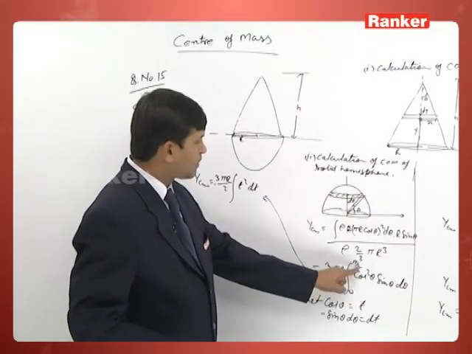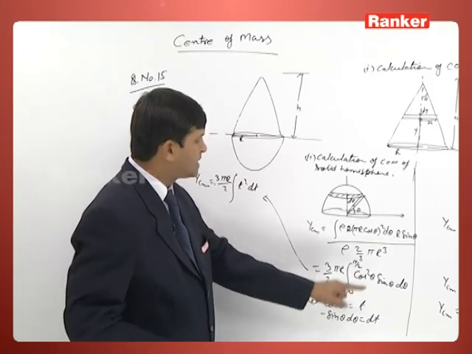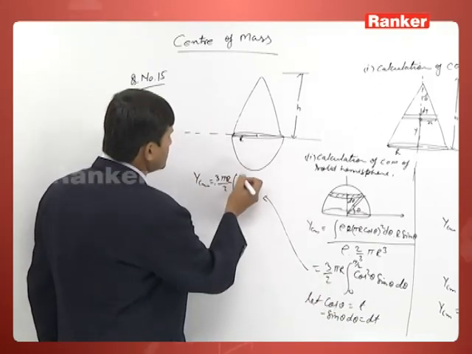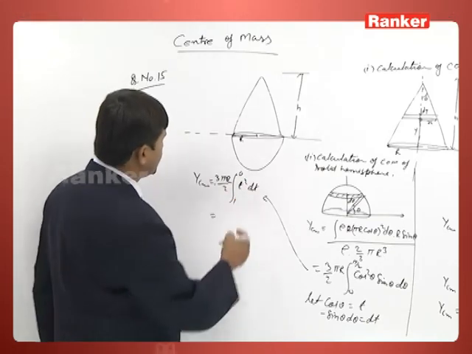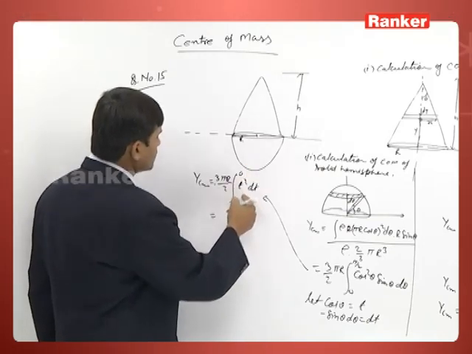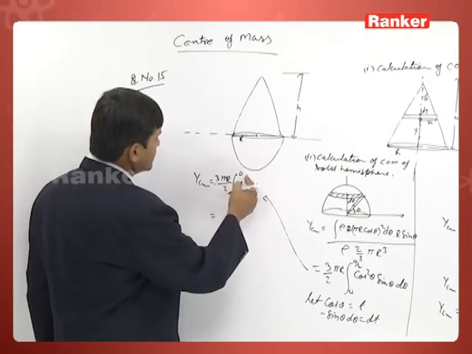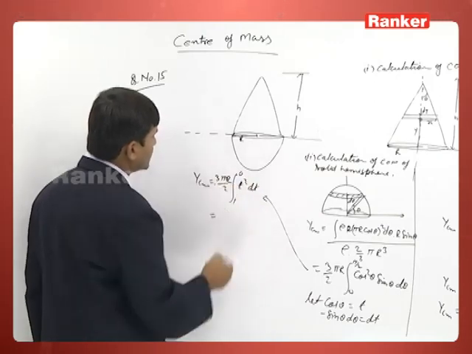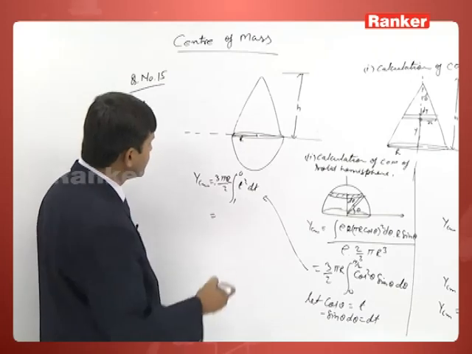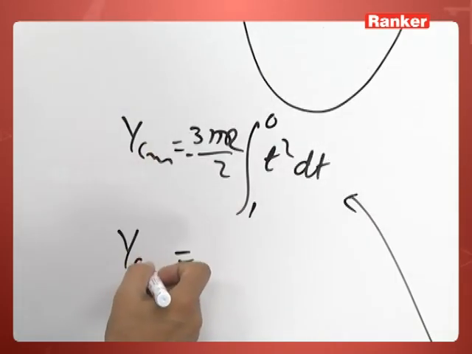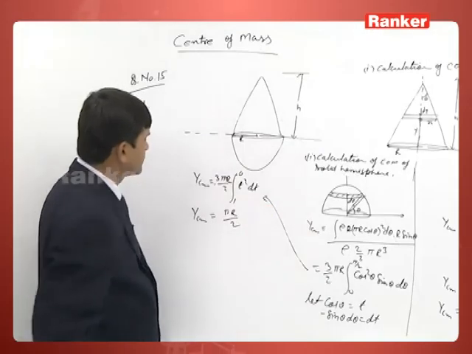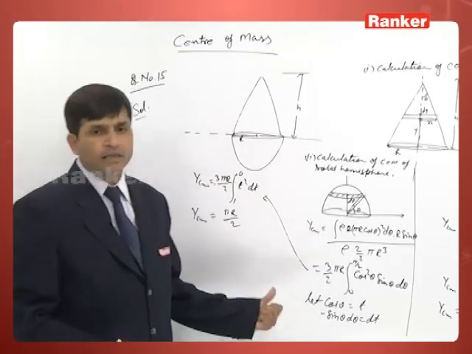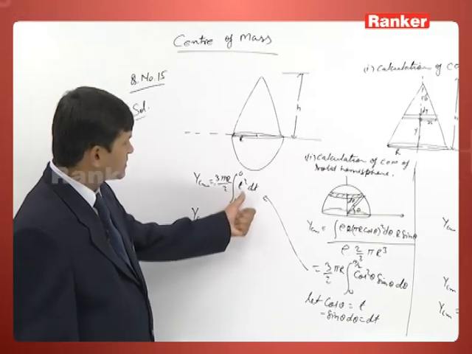When cos theta is pi by 2, the t is 0, so the limit is 1 to 0. So now the limit is t cube by 3. T cube by 3 means 1 by 3, so 1 by 3 and 1 by 3 will cancel here. So YCM will be your pi r by 2. So this is the new center of mass here.